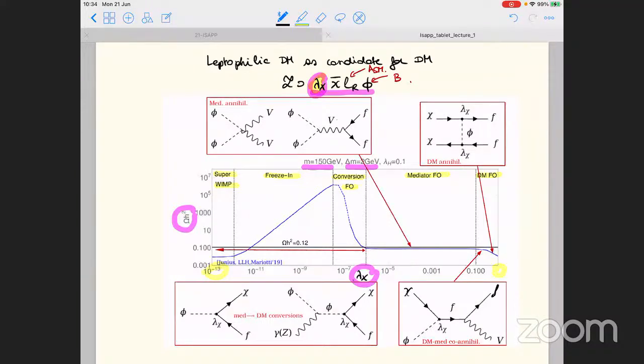It is, along with the mediator. This is a very nice question, and my point is also to insist on the notion of thermal equilibrium. I will answer your question in more detail very soon. Thank you for the question.